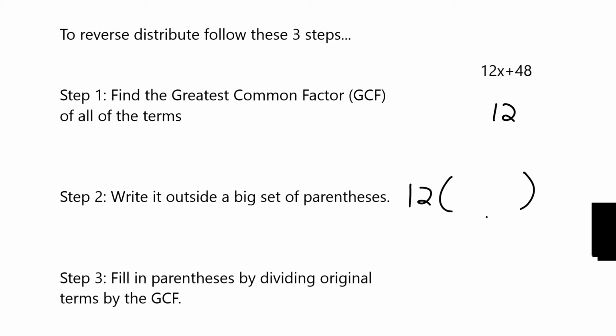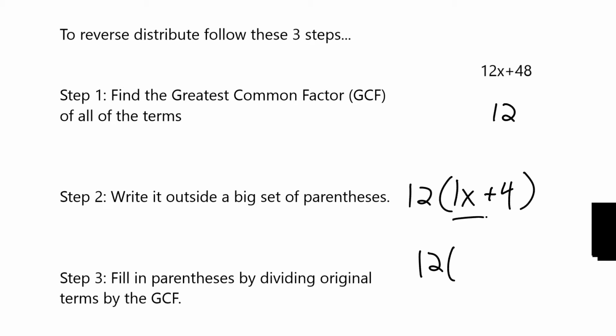In the first spot, we would have 12x divided by 12, which is just 1x. In the second term, plus 48 divided by 12, which is plus 4.